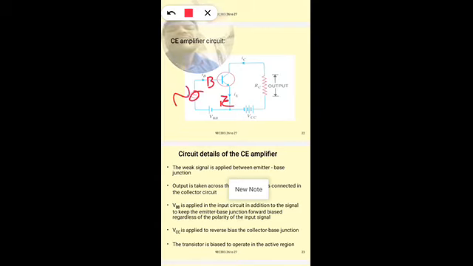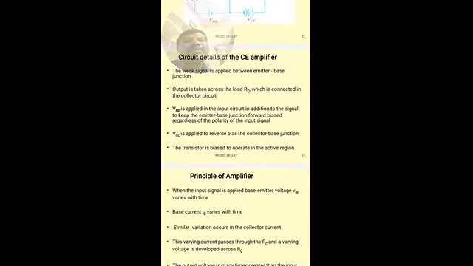So with the change in the signal with the time, the voltage VB also varies with the time.